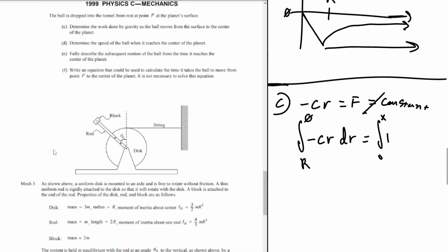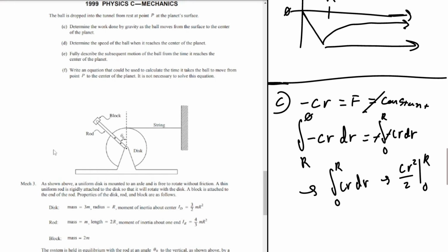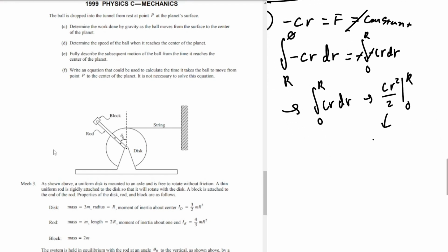So now I know that by calculus, I can make this a negative integral from 0 to R of negative CR dr. These negatives cancel, giving me the integral from 0 to R of CR dr, yielding CR squared over 2, from 0 to R. Now that gives me C big R squared over 2 equals the work.